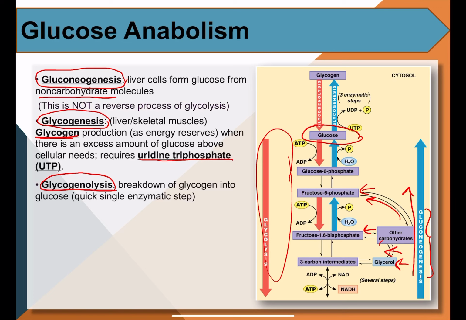The tough part of this chapter is being clear about all these different metabolic process names because they can sound very familiar. As you can see just from this slide alone, you have gluconeogenesis, glycogenesis, and glycogenolysis. They don't differ by very much, and they sound very familiar.